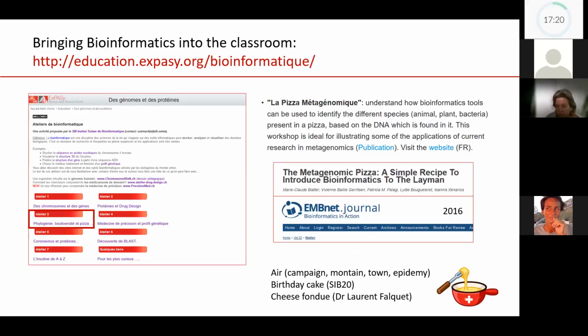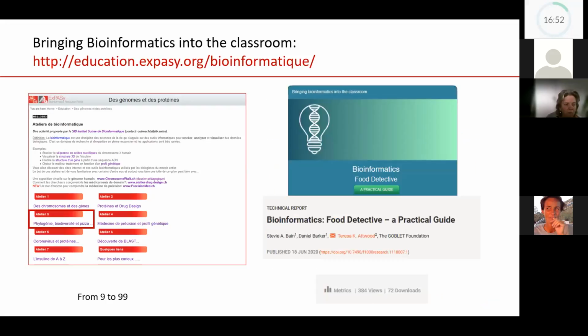This workshop is adapted for other types of biological samples, such as hair, a birthday cake, and the last was a cheese fondue from Laurent Falquet, who tried to analyze the content of a fondue to be sure that it's a Gruyere AOP, which is found in the fondue. And there was a first practical guide done by Teresa Atwood. I was not involved in this, but just to let you know that there is also something about metagenomics.